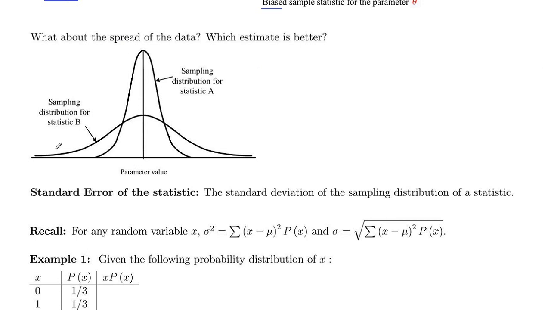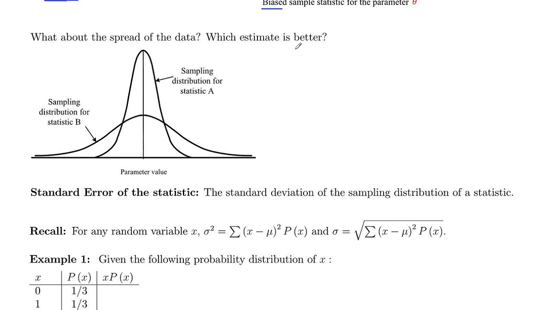So here we've got two sampling distributions. This is for statistic A and statistic B, and we can see that the sampling distribution for statistic A has a much smaller standard deviation.